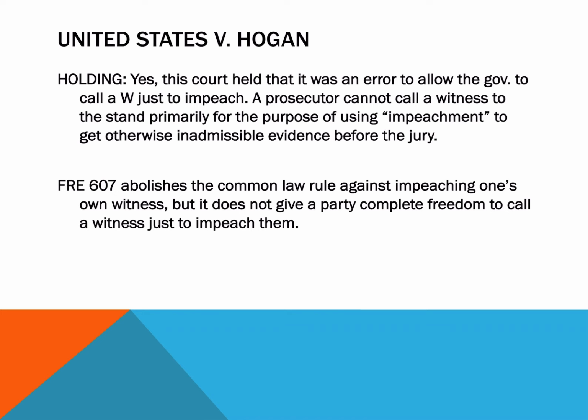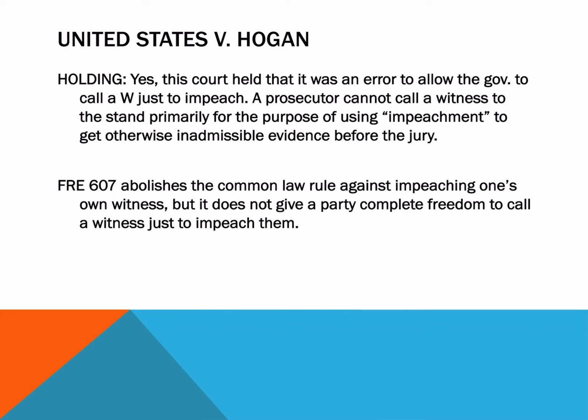This court held that yes, this was an error to allow the government to call a witness just to impeach. They held that a prosecutor cannot call a witness to the stand primarily for the purpose of using impeachment to get in otherwise inadmissible evidence before the jury.